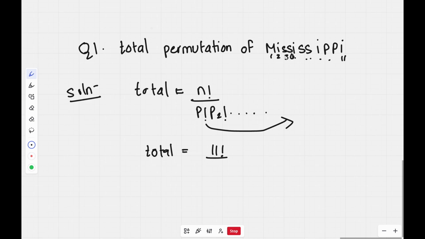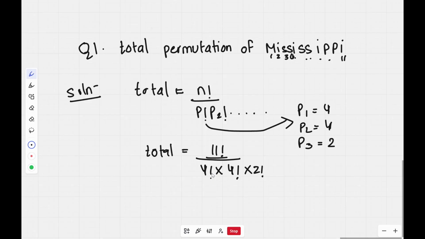We have three letters which are repeated, so we will have p1, p2 and p3. Let's take I for p1, and I is repeated four times, as you can see. So p1 is equal to 4, and for p2 let's take S, which is also repeated four times, and for p3, P, which is repeated twice.